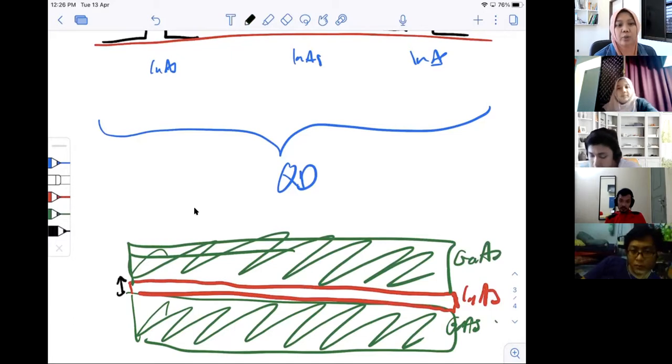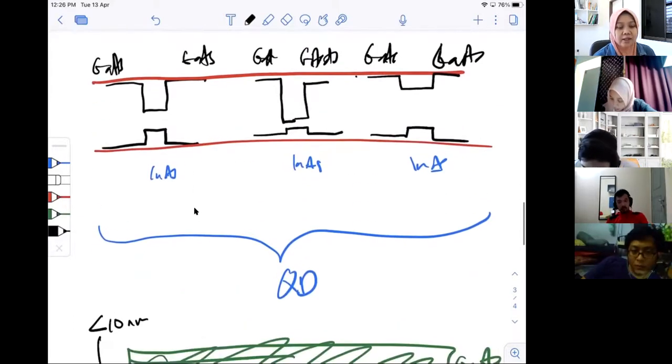Okay, the thickness here, if we can play with the thickness, quantum dot ni biasa 10 nanometer and below. So kalau kita play with the thickness, different thickness will give you different quantum dot semua. Different thickness will give you different gap here.